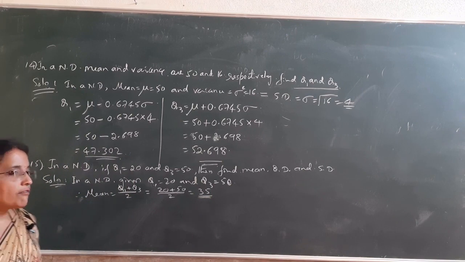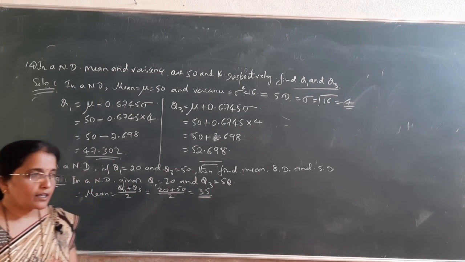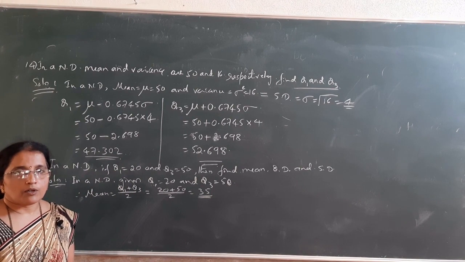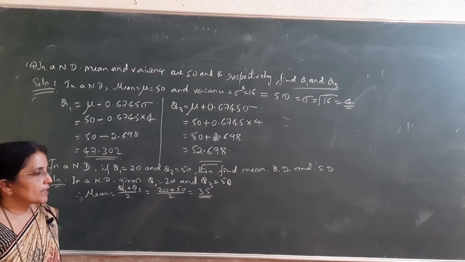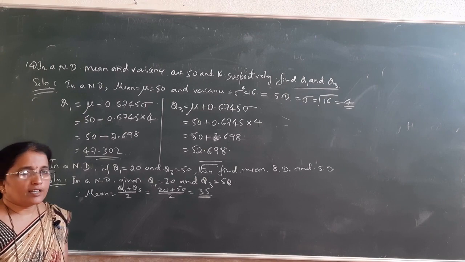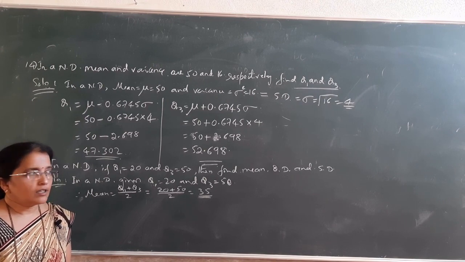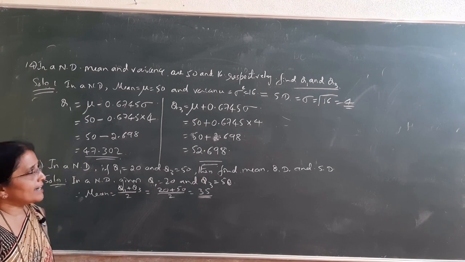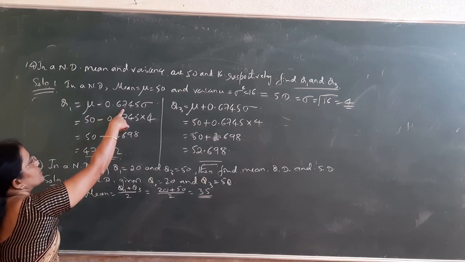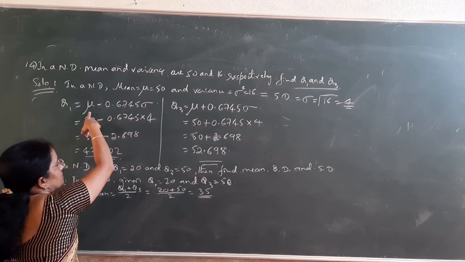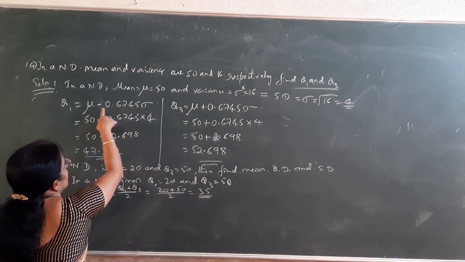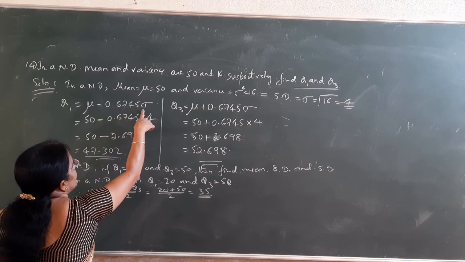Next, how can we find quartile deviation? Quartile deviation formula is quartile deviation equal to 2 by 3 sigma. But to use that formula, sigma is unknown. We have to find sigma first, right? Sigma can be calculated with the help of this formula: mu is 35, and Q1 equals 35 minus 0.6745 into sigma.